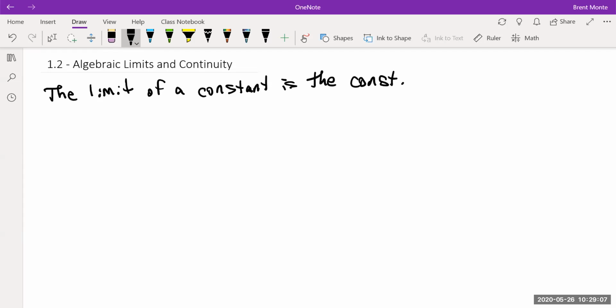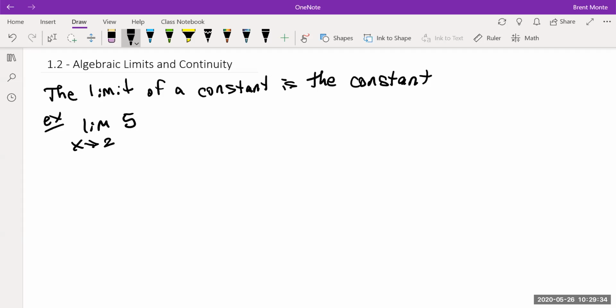Let me show you a function that I'm talking about, and we'll even show you the picture to show you what I mean. So for example, say I've got the limit as x approaches 2 of 5. Notice there's no place to plug in that 2. My function is y equals 5. It doesn't care if x is 2 or 9 or 17 or -3.